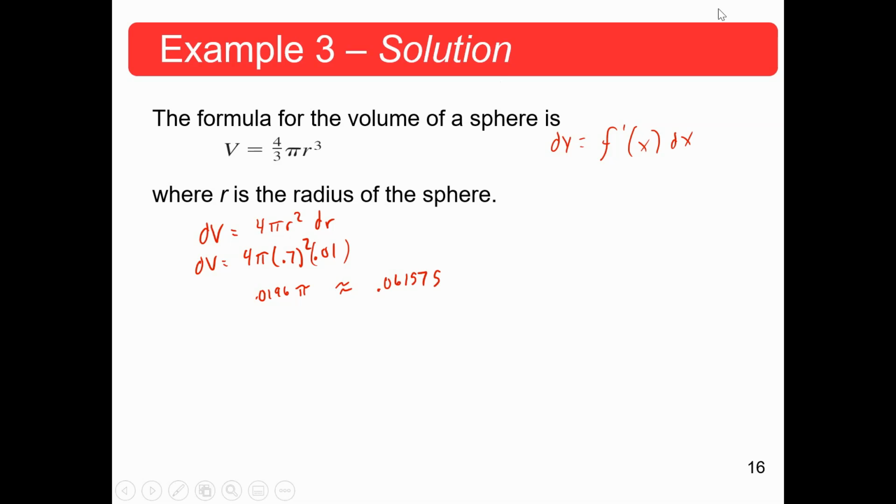Okay? So that tells us the propagated error.